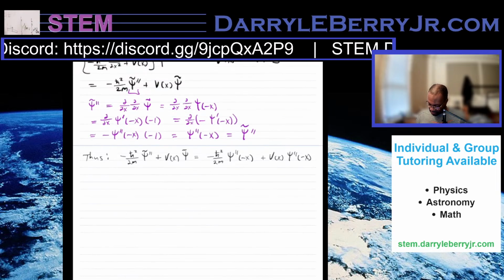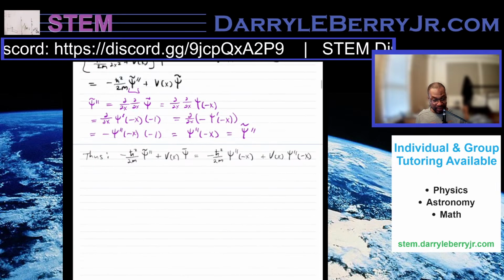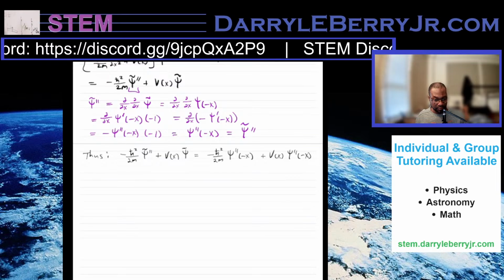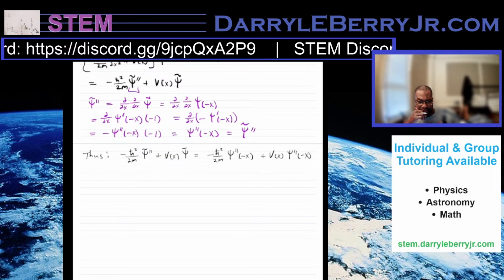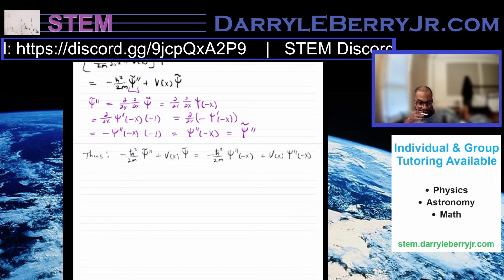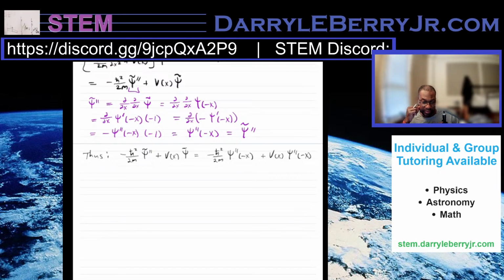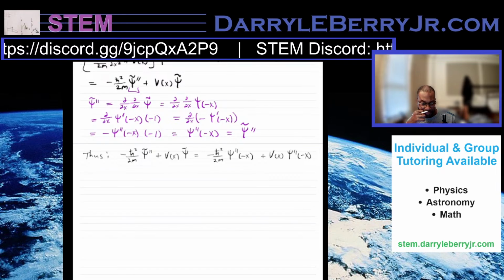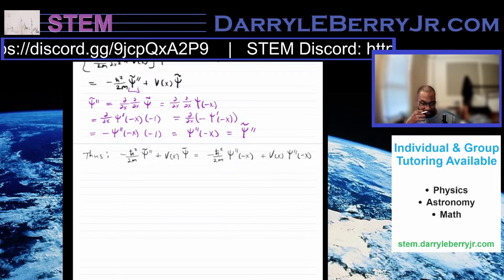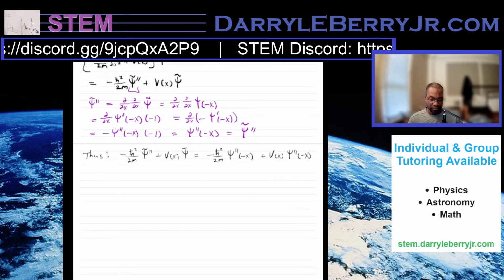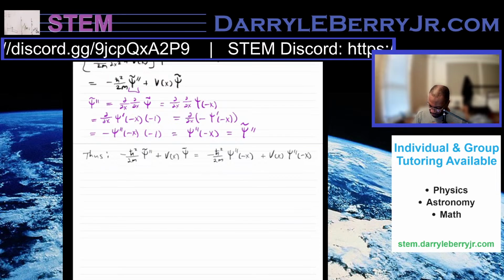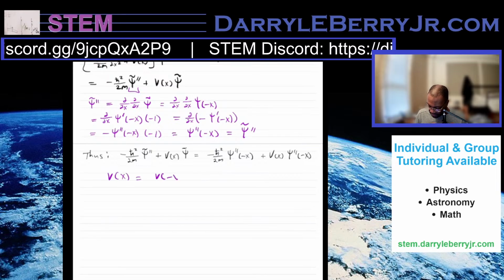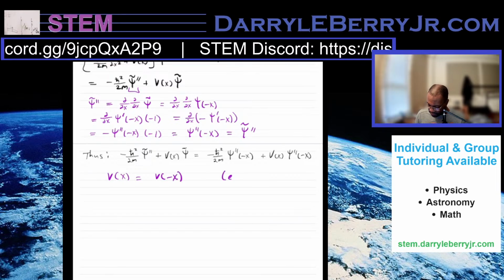And psi tilde of x is psi of negative x, which is what I just wrote. I think, of course, that's what he meant to do the first time. And V of x equals V of negative x, since it's even.